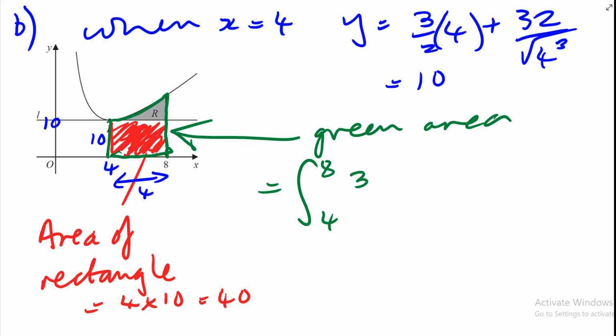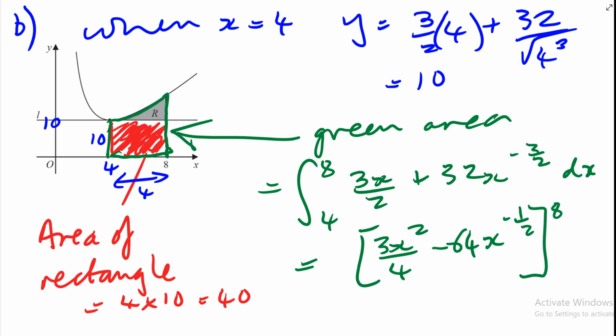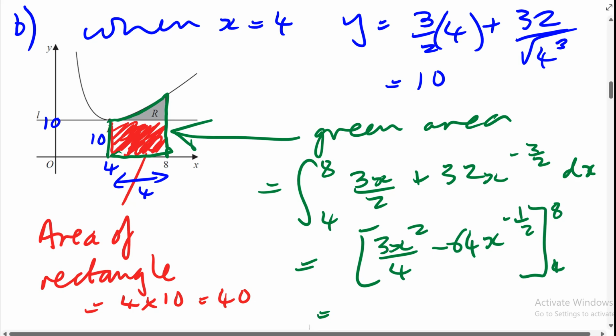When we integrate, we're going to need to do 32x^(-3/2) dx. If we integrate that, we'll get 3x^2/4, and then add 1 to this power, that'll be minus half, divide by that new power, get minus 64, and then we can sub in our values.